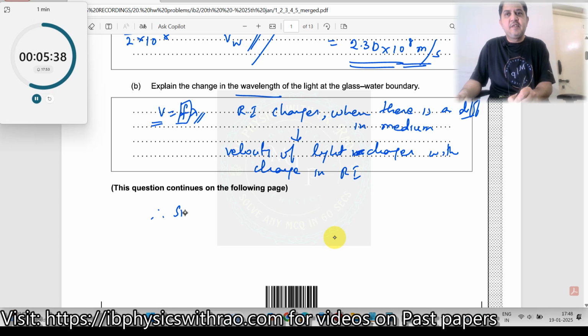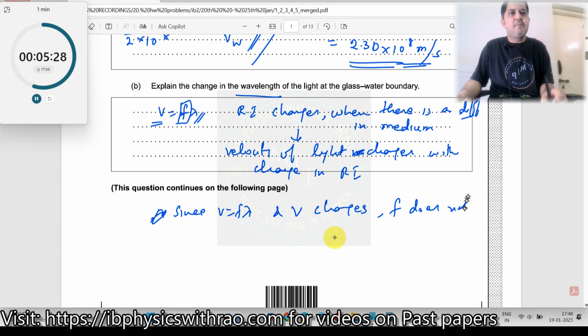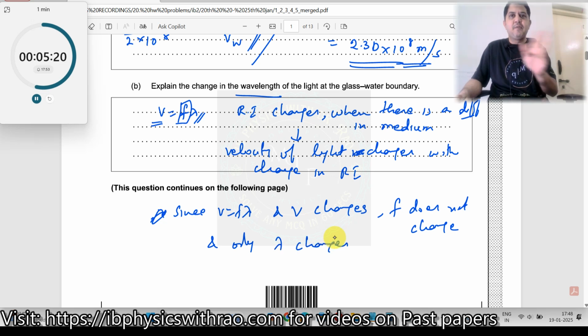Since V equals F lambda and V changes, F does not change. Very important to write here. Okay, F does not change and only lambda changes. This will give you definitely 2 marks. Okay. Now let us move on to the next one.